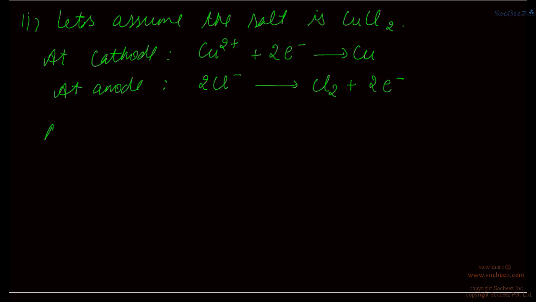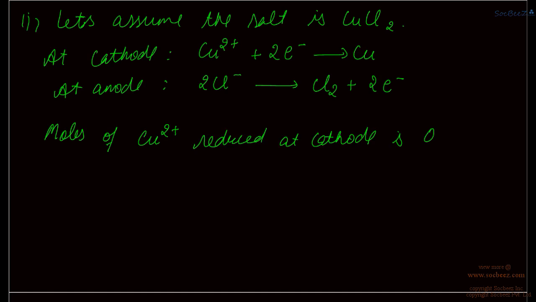Therefore the moles of Cu2 positive reduced at cathode equals 0.4 upon 63.5, because 0.4 gram of mass is given and 63.5 gram per mole is the atomic weight of Cu.